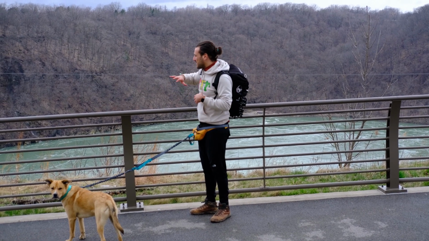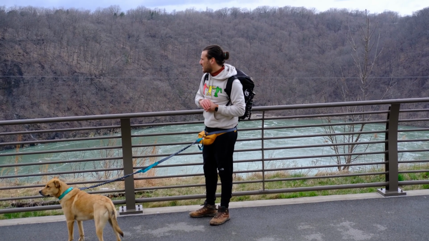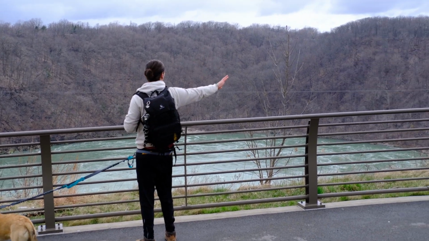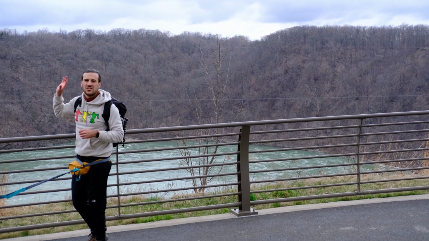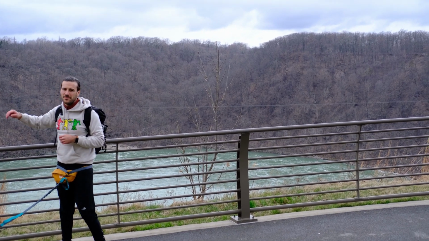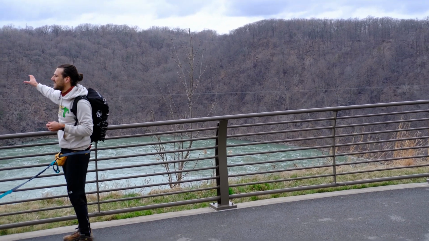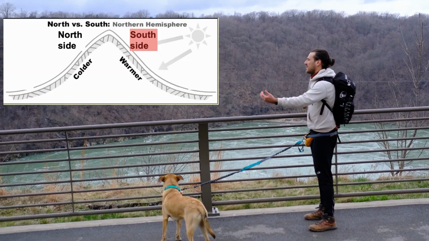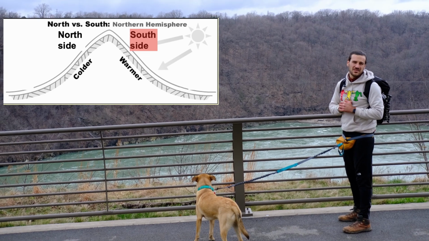Now because of the shape of this gyre, this right hand side is actually a southern facing slope. This left hand side of Devil's Hole is actually a northward facing slope.